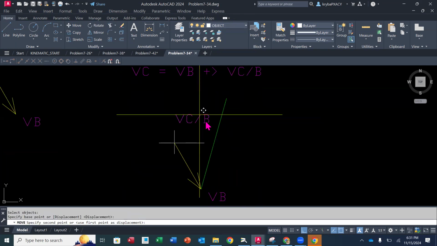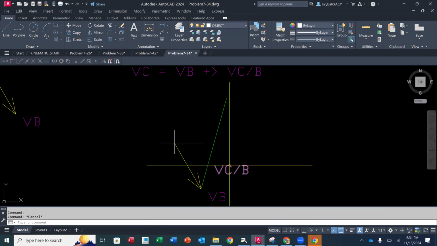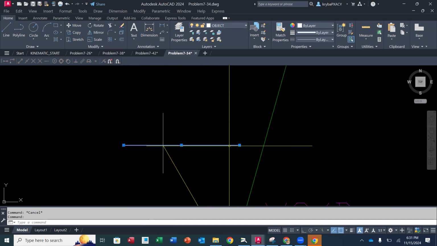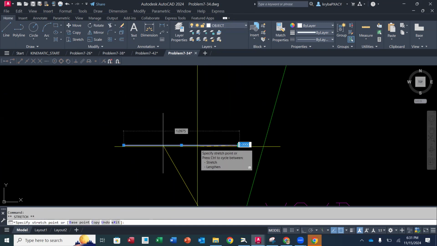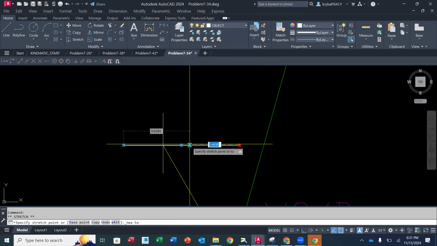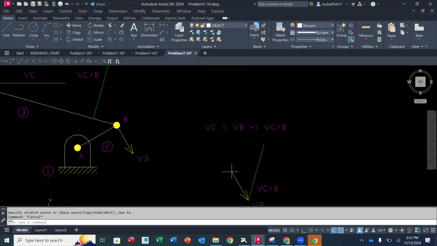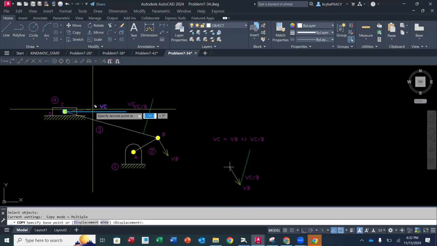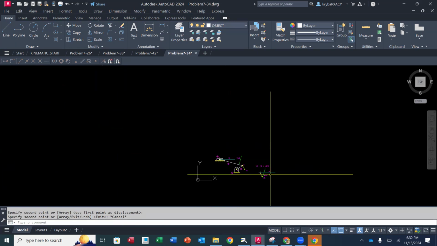I know that the velocity of C is going to be vertical. And the line of action there is going to be here to here.